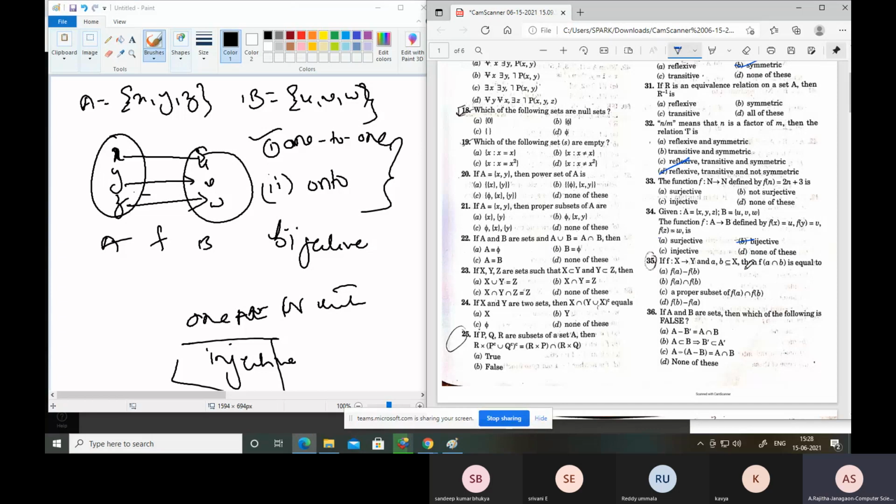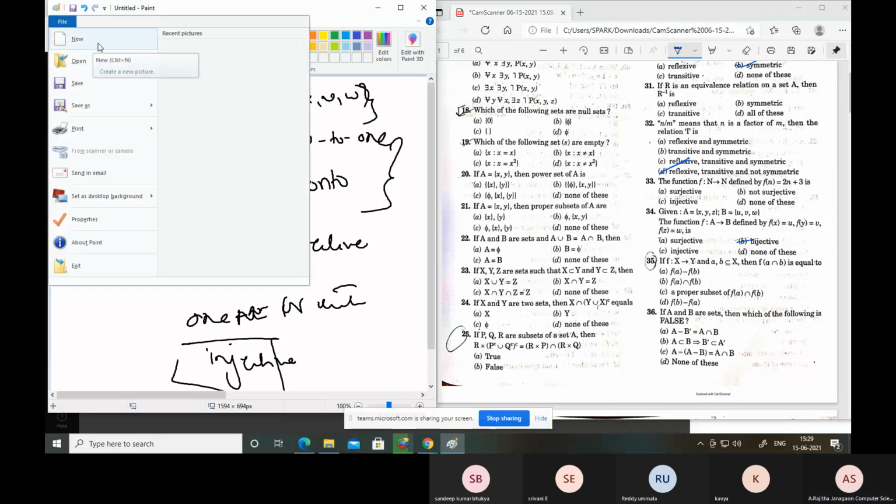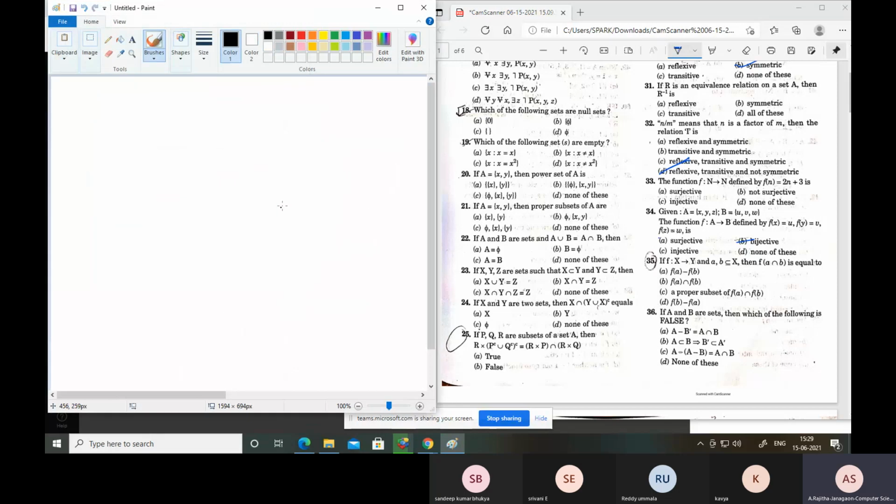Then next, suppose A and B are sets, which of the following is false? Here all these three are true because A minus B complement, complement means other than. Here A is one set and B is another set.